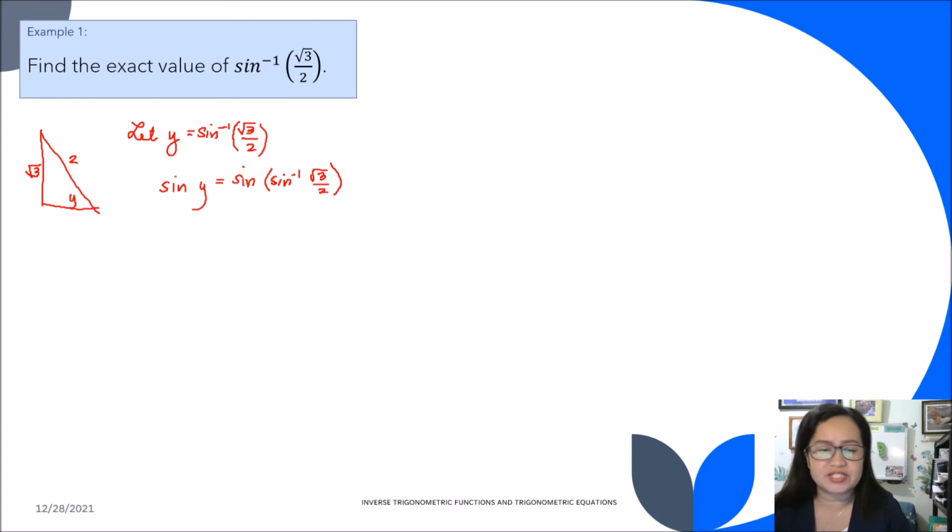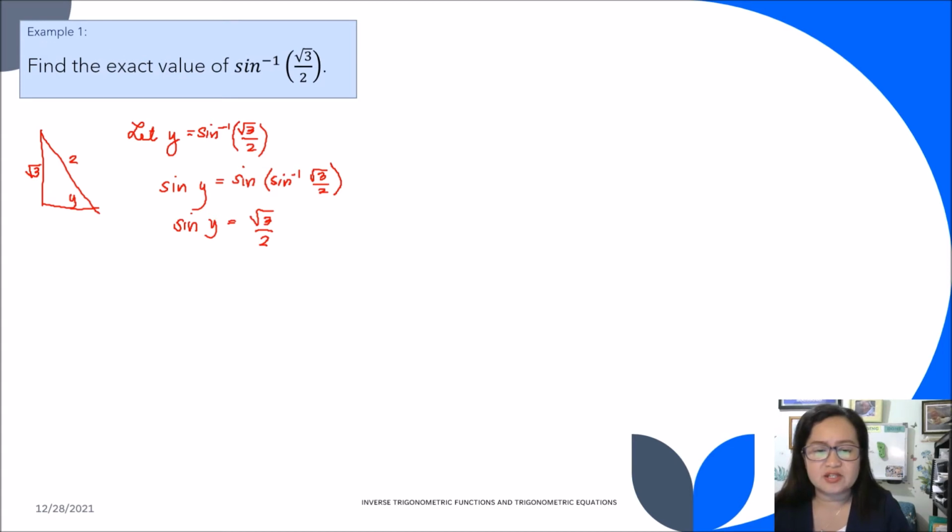Applying the property of the inverse for sine, it means that the sine of the inverse is just equal to 1. So therefore, we will have the equation sine y equals square root of 3 over 2.